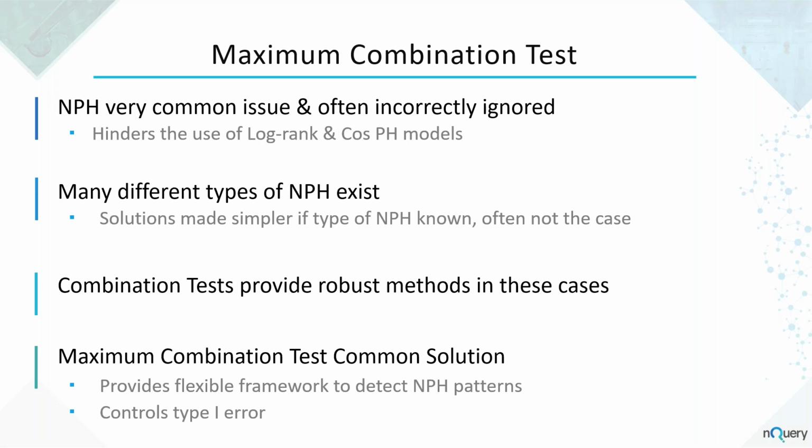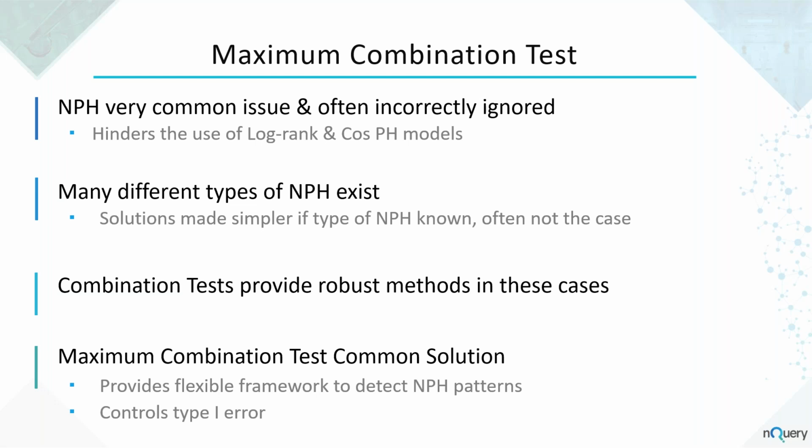So the maximum combination test is one of the most commonly used methods in this area, and is based on assessing multiple combinations of usually Fleming-Harrington-based weighted tests. In fact, the maximum combination method was a recommendation of a guidance paper produced by a cross-pharma working group on non-proportional hazards. So pretty high praise, as you can imagine.